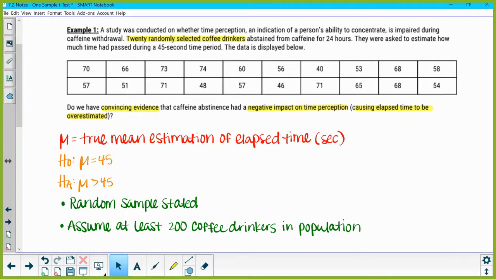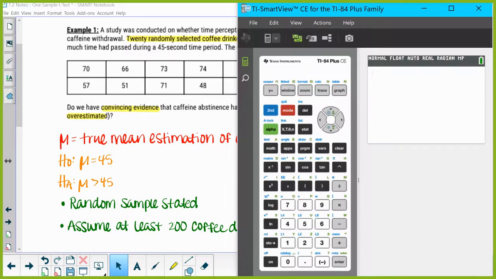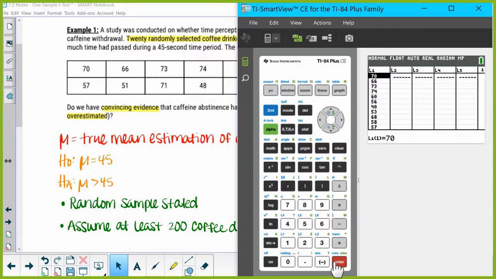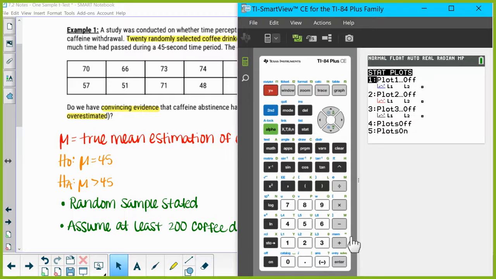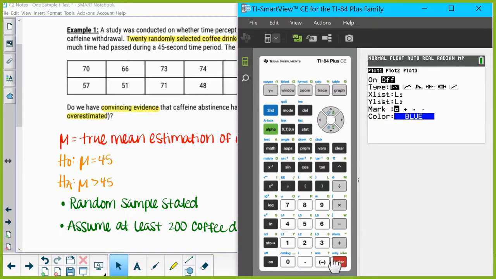So I'm going to go ahead and open up my calculator. And in my calculator, I already have my data, and hopefully I didn't delete any values because I was messing with it this morning. I think I have 20, so I think we're good. Now I'm going to go ahead and graph. So I'm going to do second Y equals, and I'm going to turn my Plot 1 on.